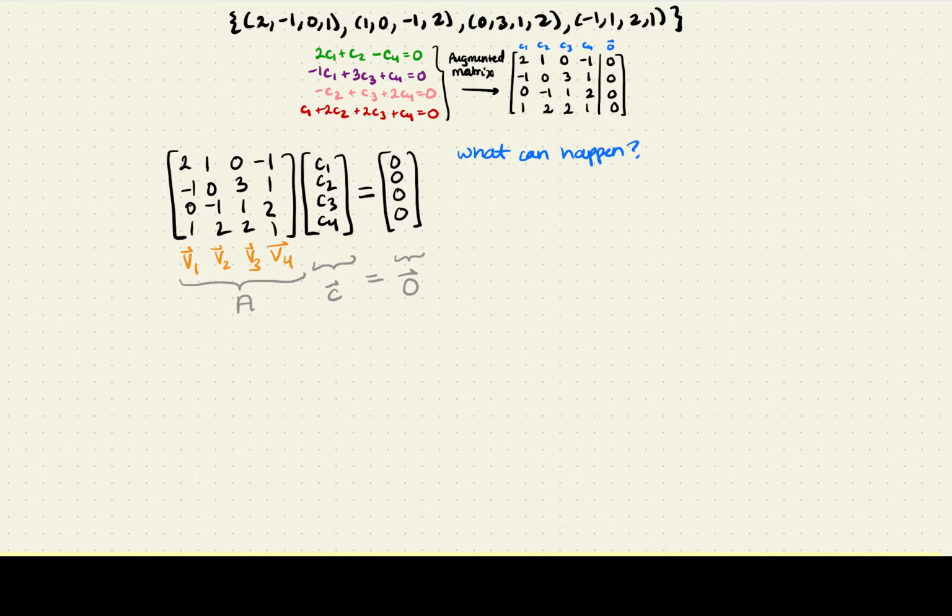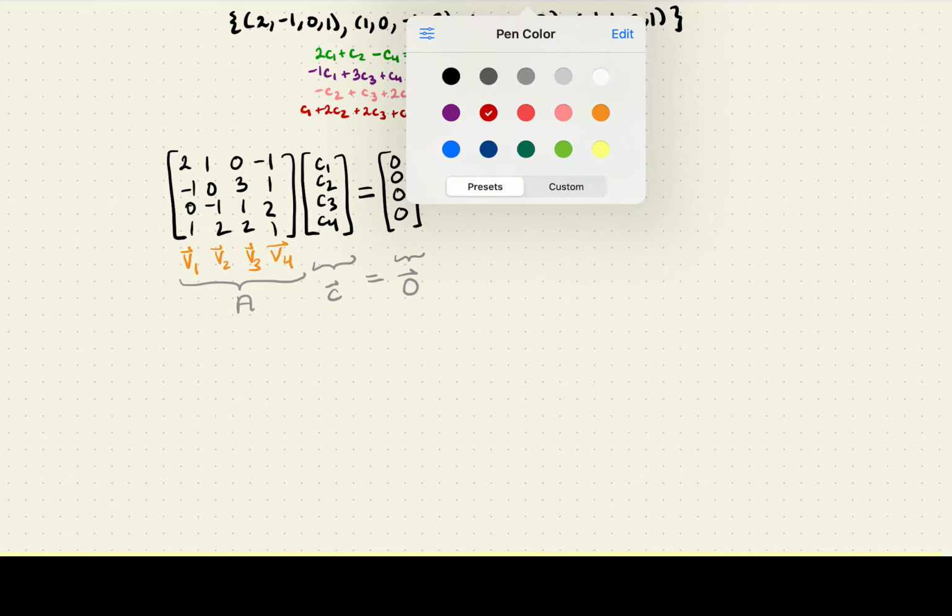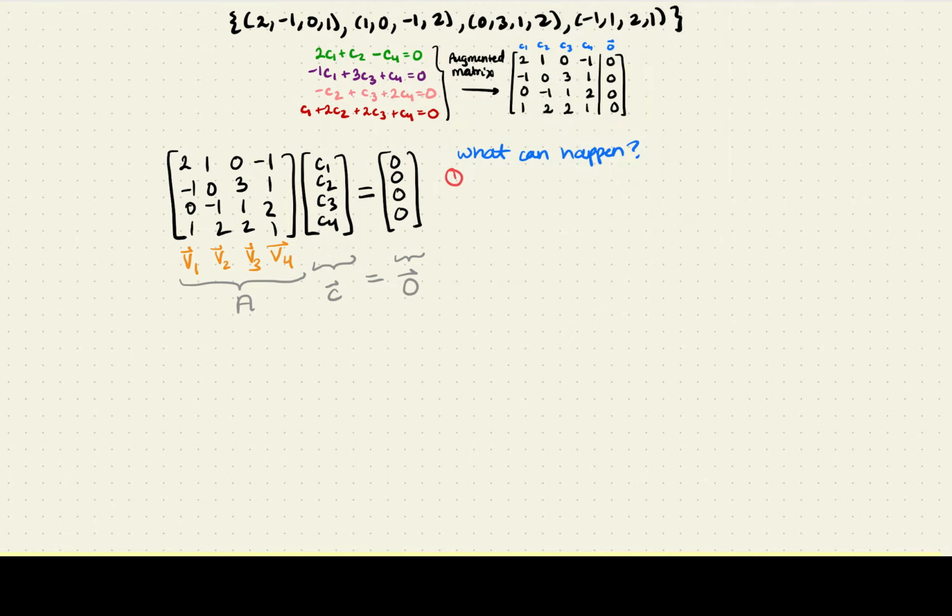This is just another way to interpret the question that we asked last time. One, either we have that the only solution is that the C vector is equal to the 0 vector. That is the same as this set being linearly independent.